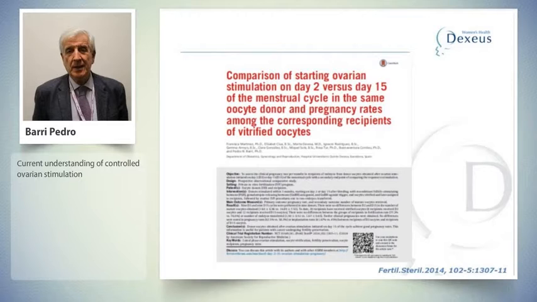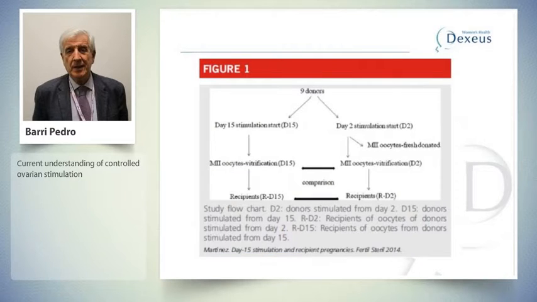And we analyzed the results obtained in the corresponding recipients of the vitrified oocytes. This is the graph of this study, 9 donors, day 2 stimulation, and all the oocytes vitrified and transferred to recipients afterwards, and the same donor, a second cycle starting on day 15.